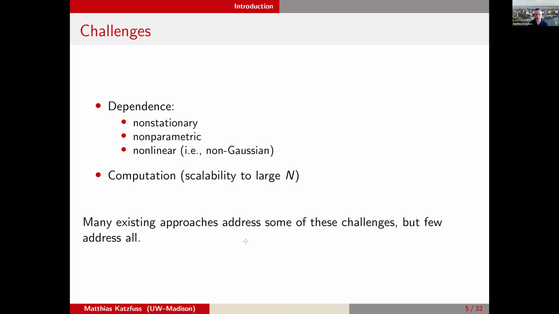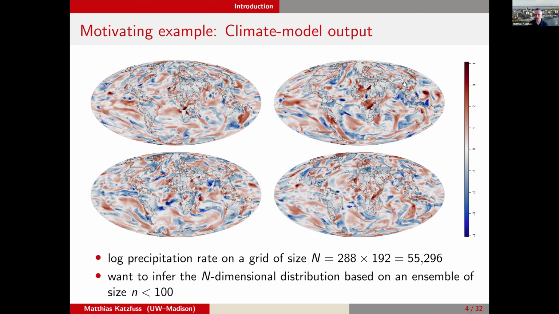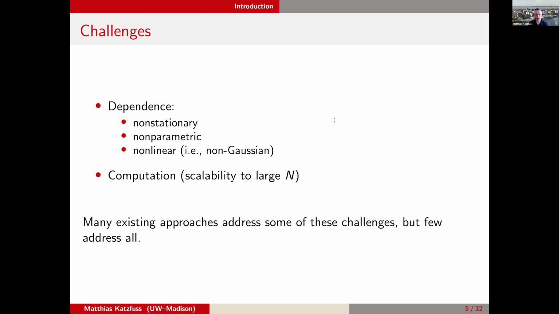The dependence structure may also be non-parametric in the sense that there's no real reason to assume that the dependence structure that we're seeing here would have a Matern form or any other parametric standard covariance model. And on top of that, the dependence structure may be nonlinear, implying that the joint distribution is non-Gaussian.